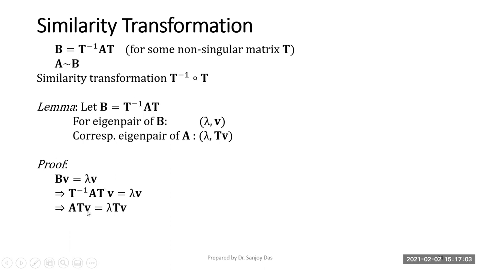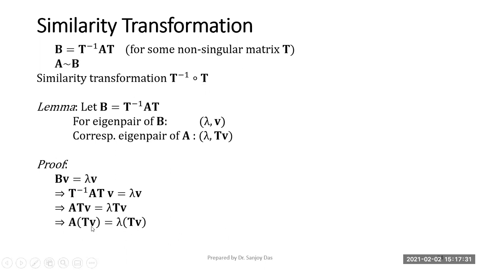So A T V equals lambda T V, right? I bring this T on this side. So this T inverse, if I bring it here, it becomes T. So A times TV equals lambda times TV.